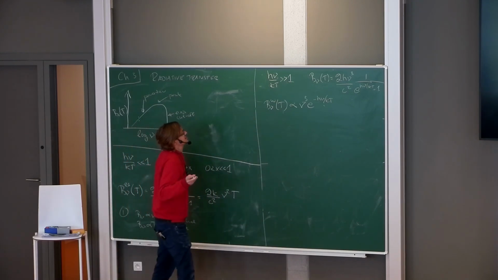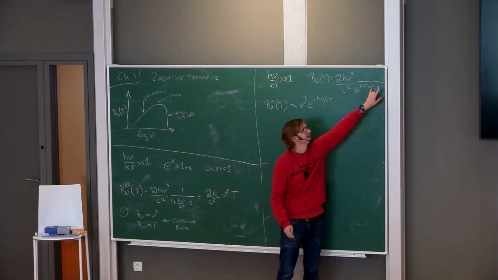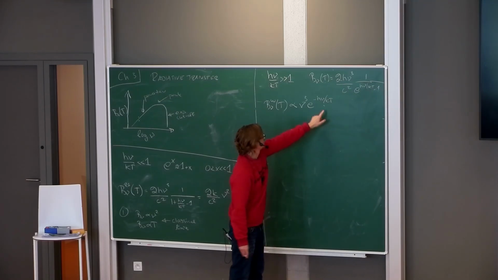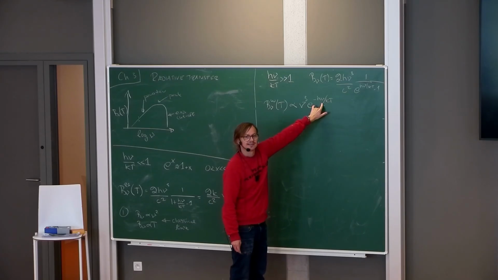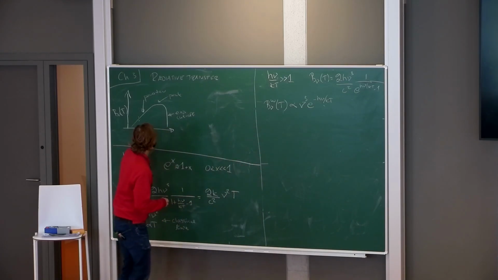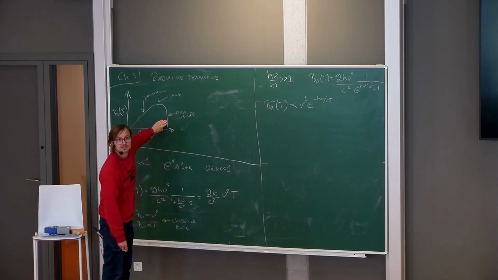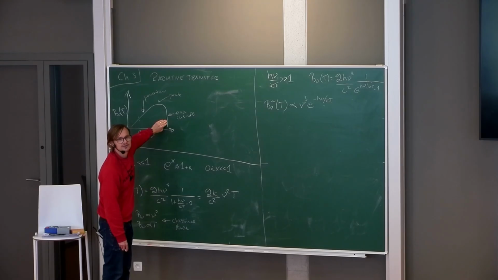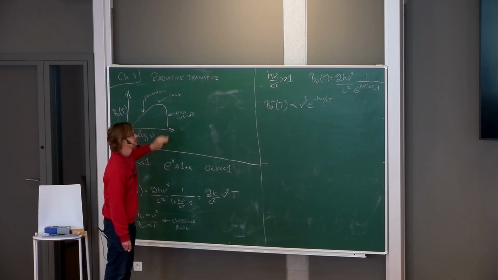Because if it's much, much greater than 1, you can neglect the minus 1 there, and that's the whole purpose. And that's how you can write it like this, okay? And that's how the exponential eventually will win out. The higher and higher frequency we go to, we will get the exponential cutoff. And that's indeed what was required in order to avoid the ultraviolet catastrophe, by the way.